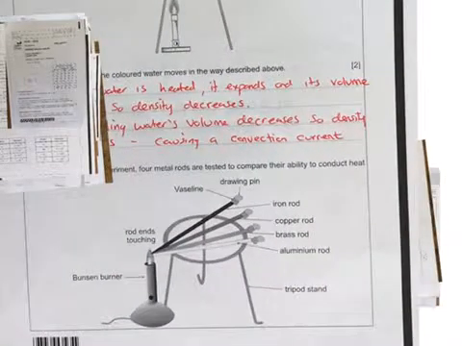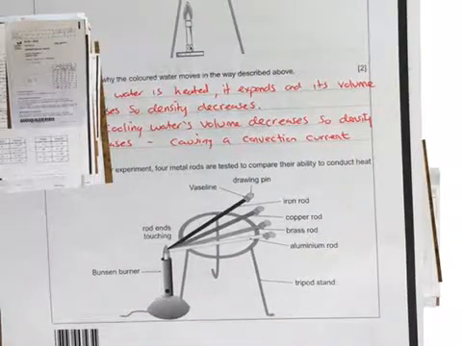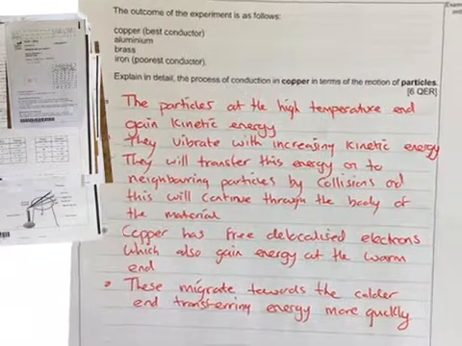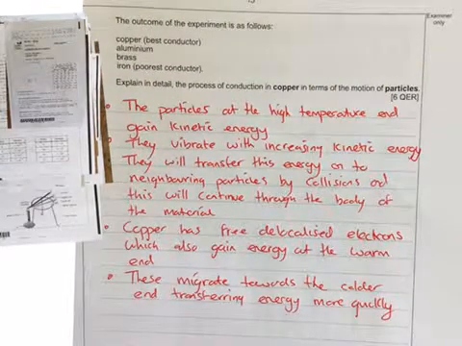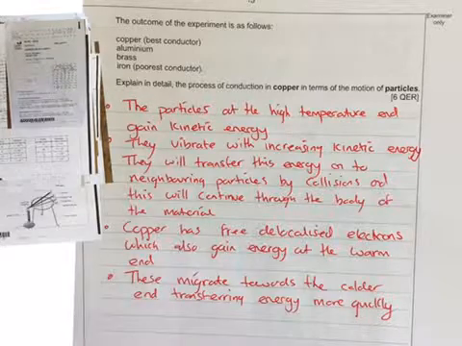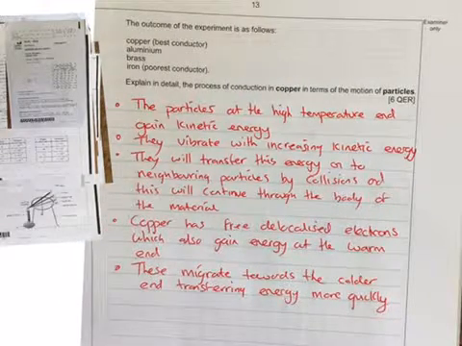Then we've got this investigation here where they do the different metals. And this was a 6 marker. So, explain in detail the process of conduction in copper in terms of the motion of particles. So I said the particles at the high temperature end gain kinetic energy from that flame.